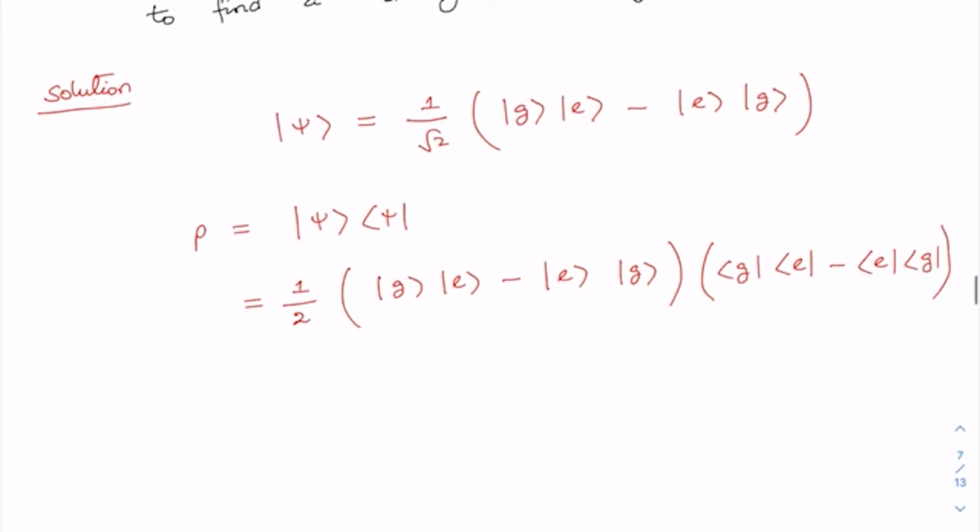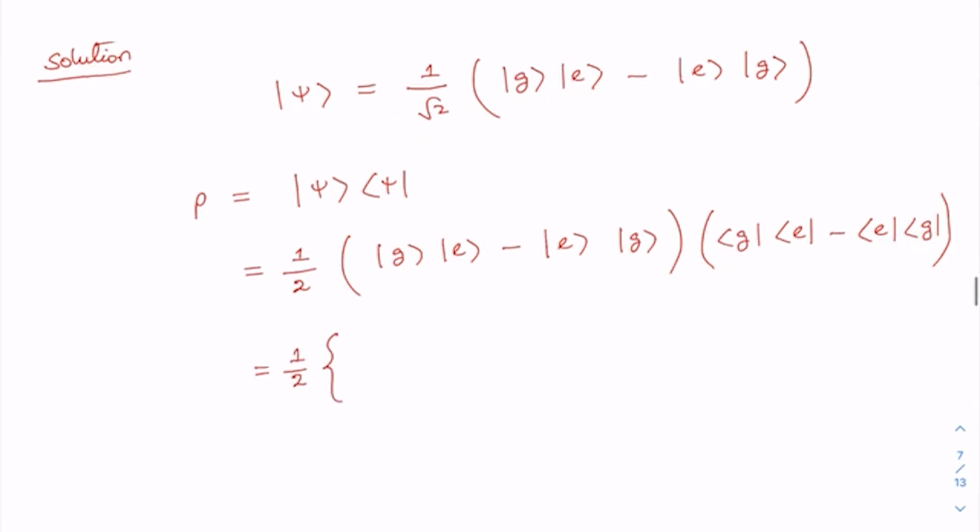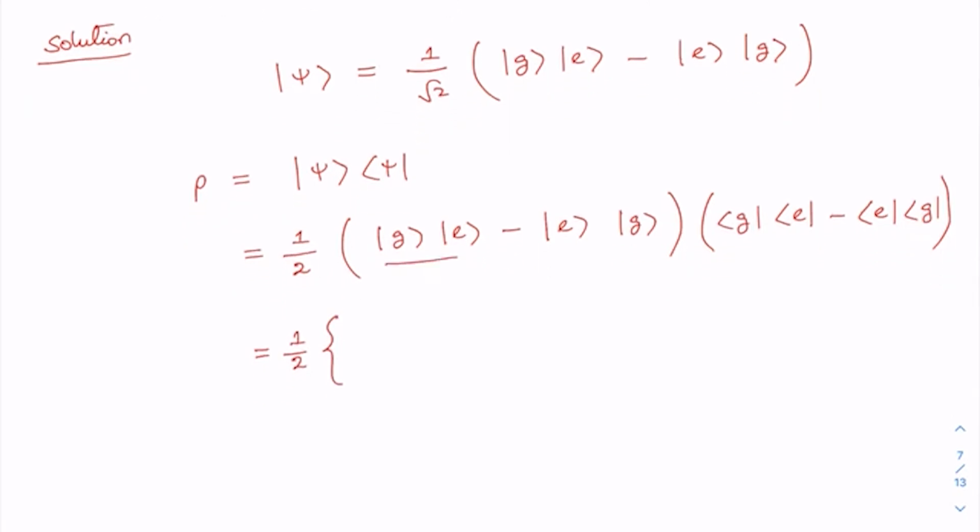Let me now open it up. I can use the previous problem's result here. So this one tensor product with this one is going to give me |z⟩⟨z| tensor product with |e⟩⟨e|.